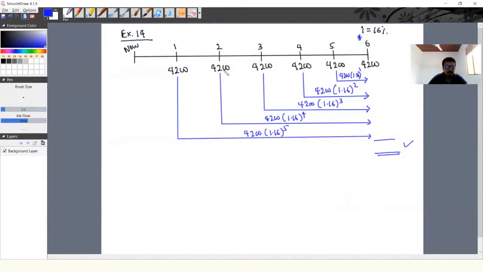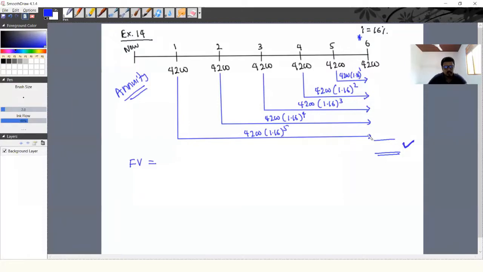We pay the same amount every year for 6 years. Therefore, this is an annuity. Then rather than going for this method, we can use the future value formula of an annuity to find this value.